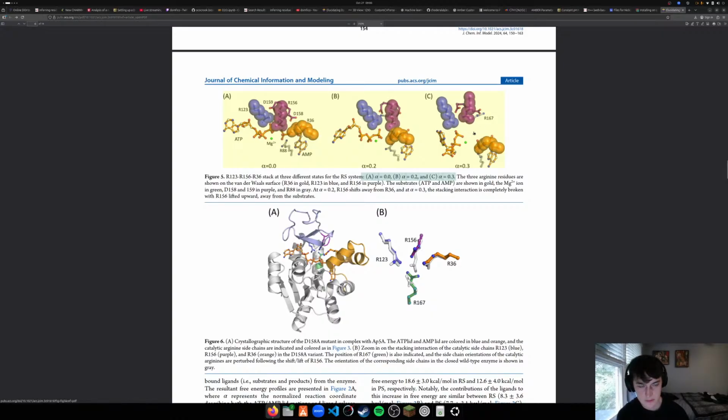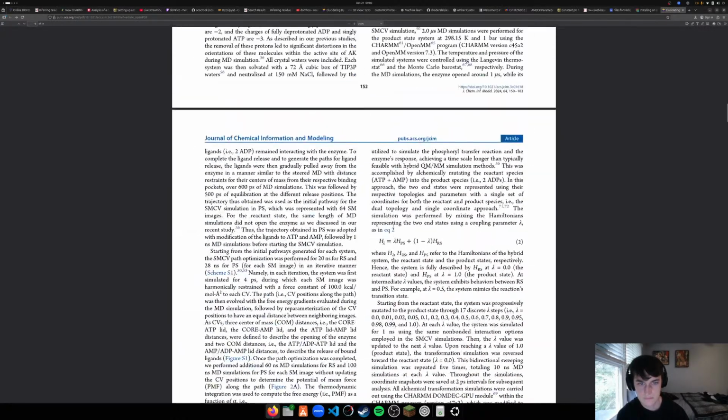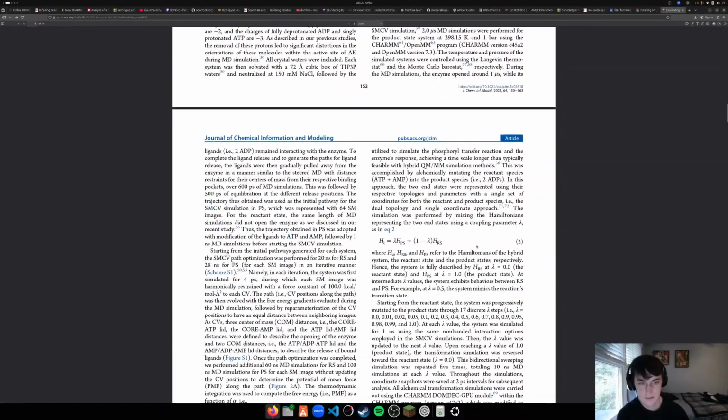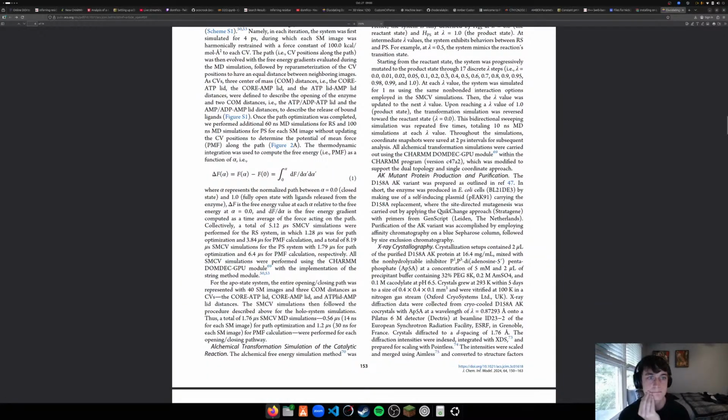So this is going towards the product state. Right? Isn't that what that means? Starting from the reactant state, the system was progressively mutated to the product state.